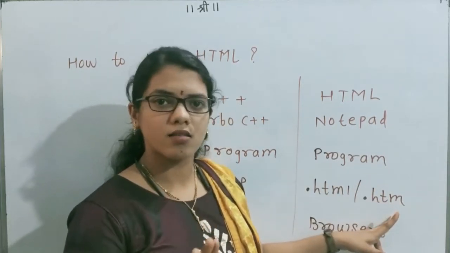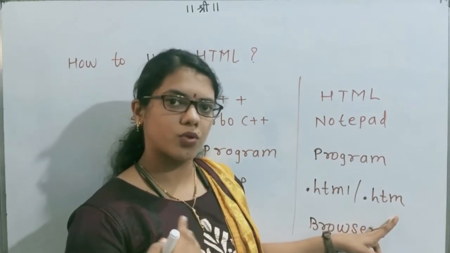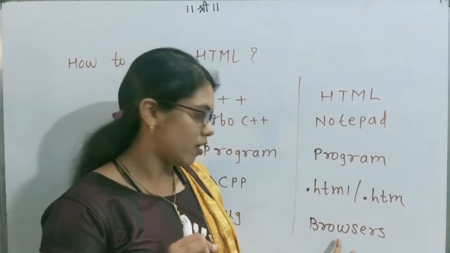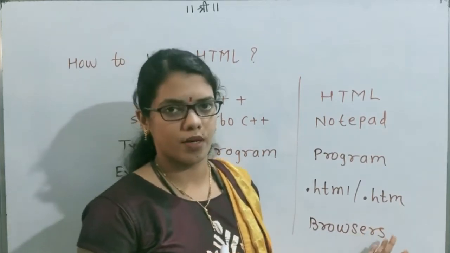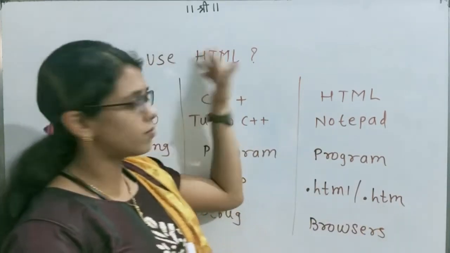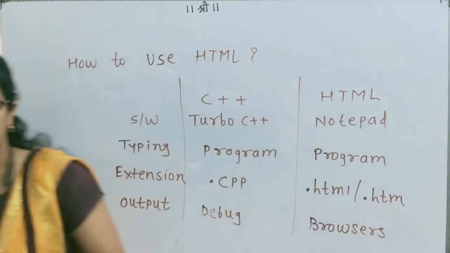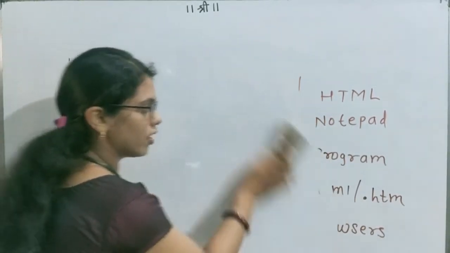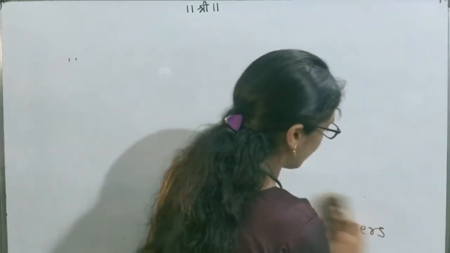And at the last, to get the output, to show the result, we open our saved file inside the respective browser. So this is the basic introduction about HTML, how to use HTML, how to perform programming in HTML. Finally, we start with our main concept.